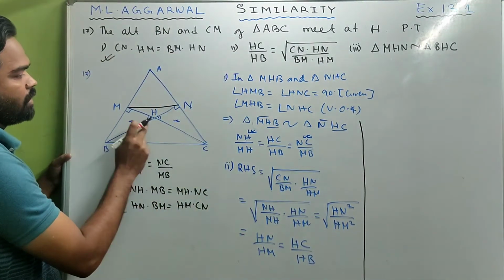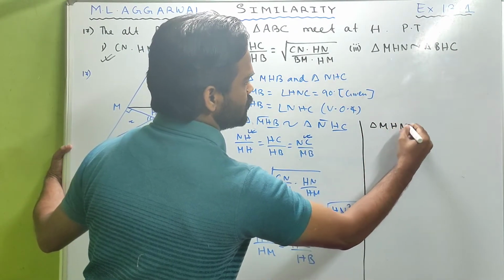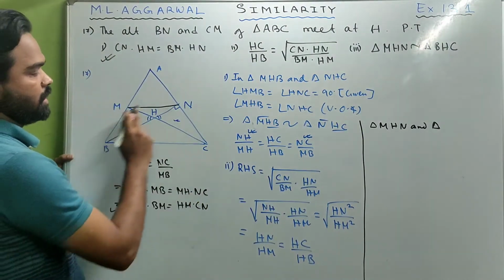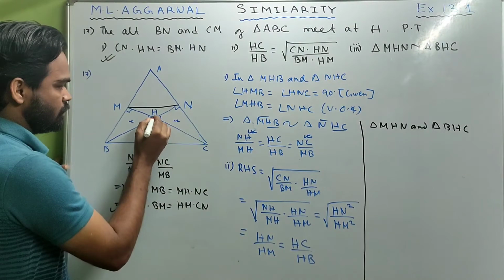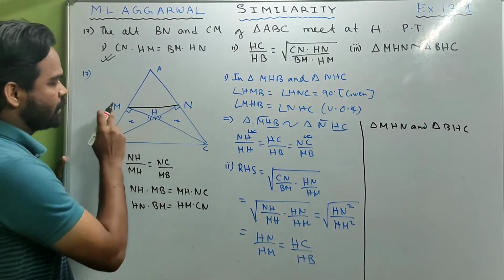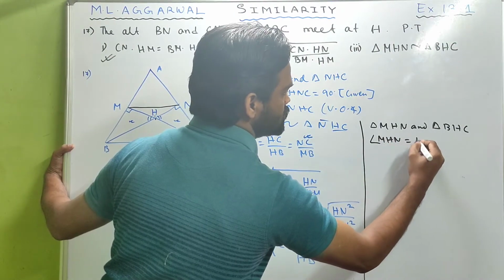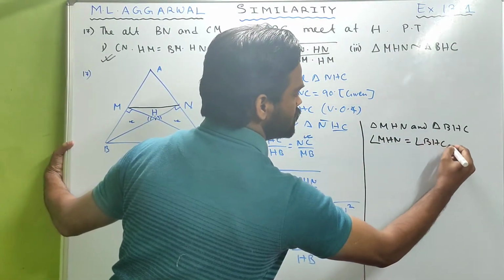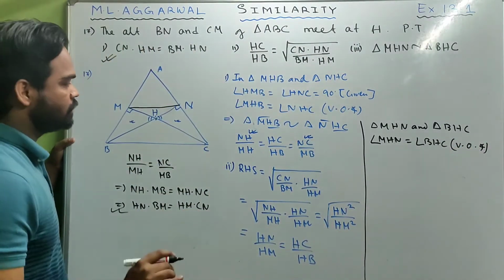In triangle MHN and triangle BHC, first of all, these two angles are equal. Angle MHN is equal to BHC. That's vertically opposite angle. Am I clear?